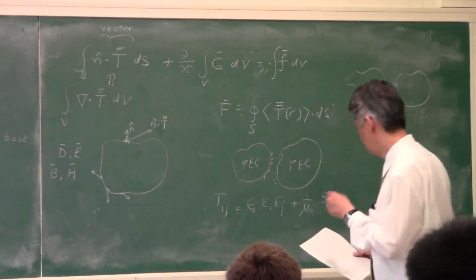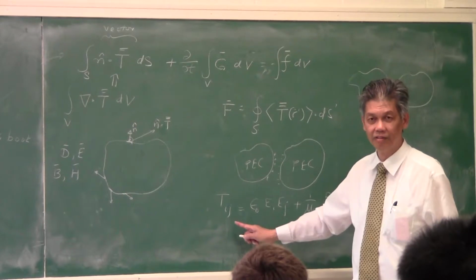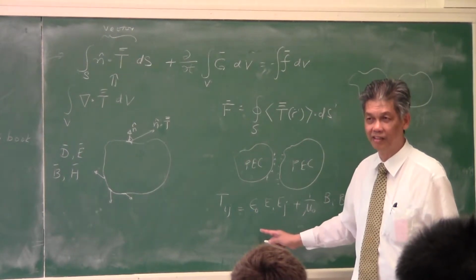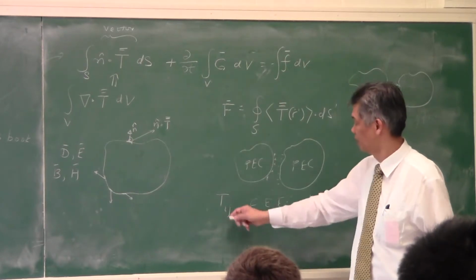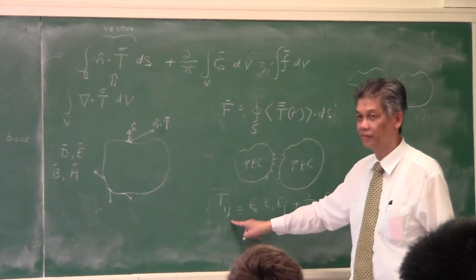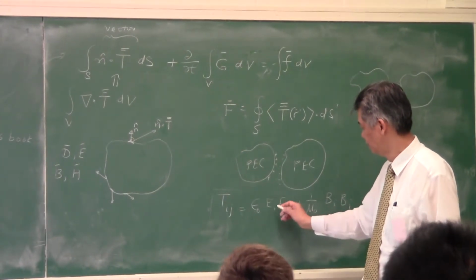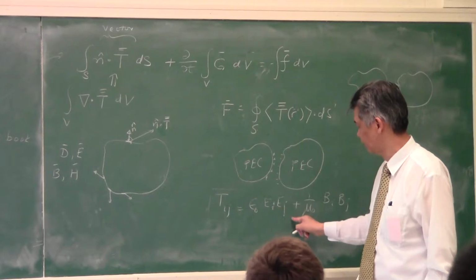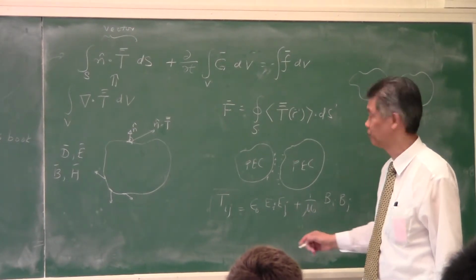Do you know how to read indicial notation? Does everybody know how to read indicial notation? This is called index notation. This is index notation for a second rank tensor, and this is index notation for a vector. When you write two vectors like this, it produces a tensor because this is an outer product.